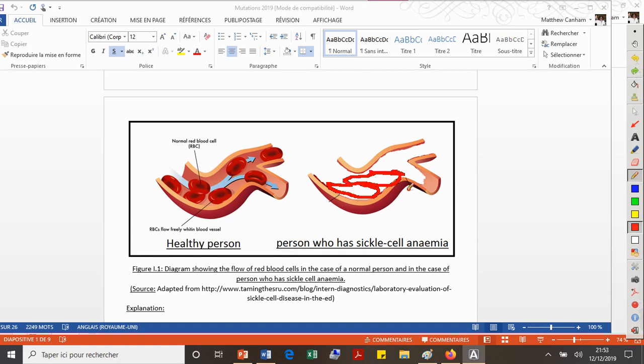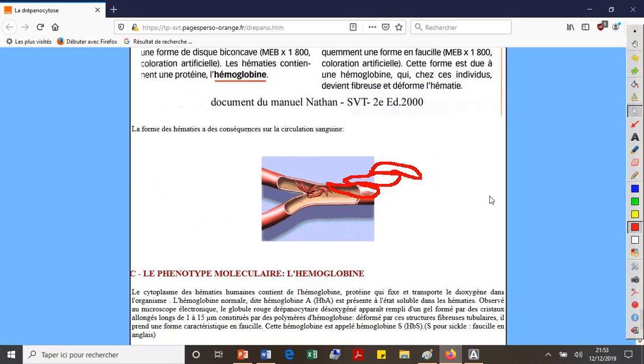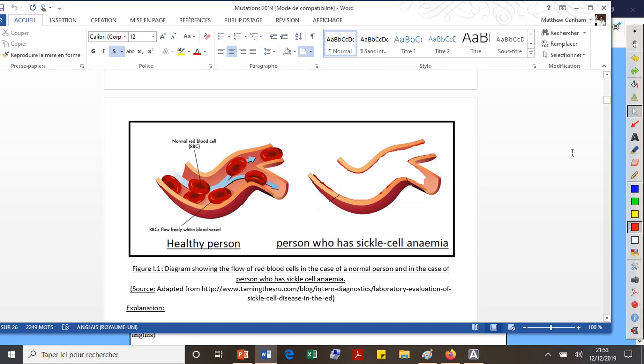So they pile up because of this different shape, they pile up and they block everything. I have a video here that might be a little bit more telling. So you can see here that it blocks the vessel. These sickle shaped ones, they block the passage for the other ones. Okay.